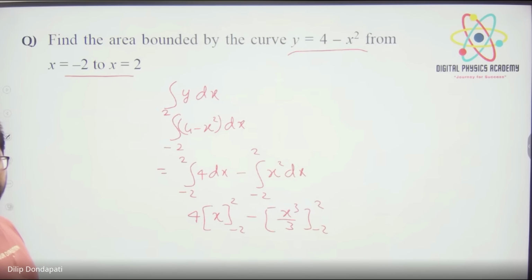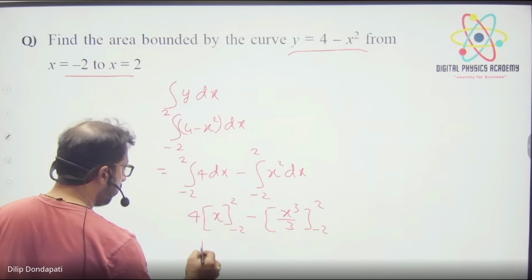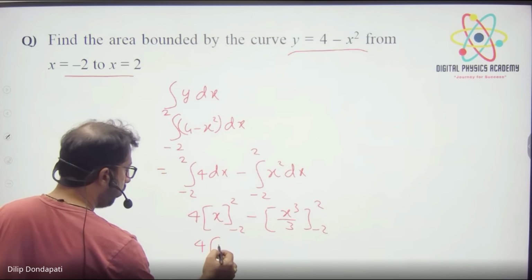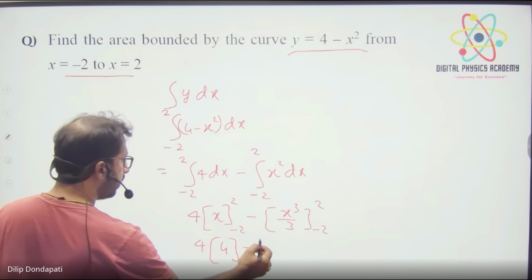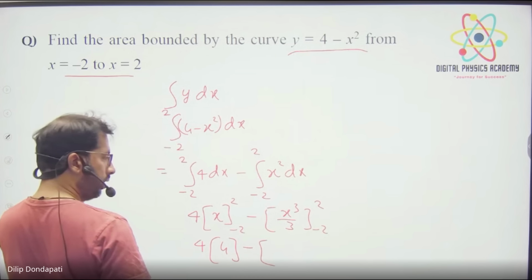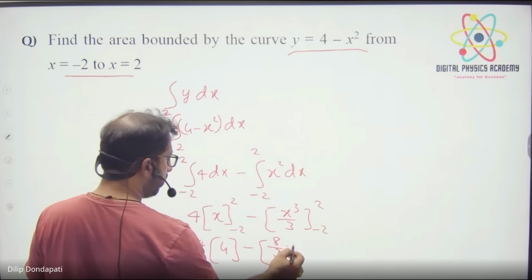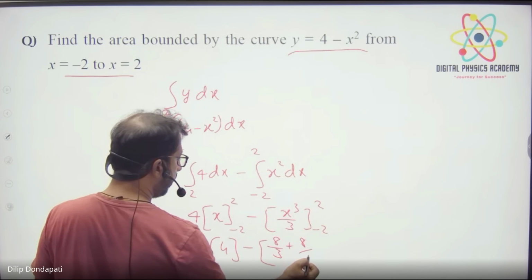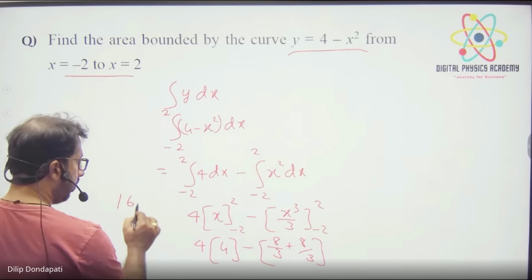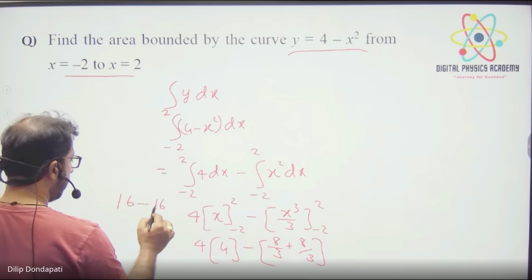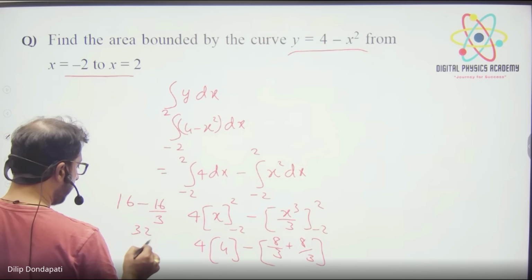Upper limit minus lower limit: 4 into 2 minus of -2, so 4 into 4 is 16, minus 8/3 minus of minus plus 8/3. So 16 minus 16/3. So 48 minus 16, 32/3 is the answer.